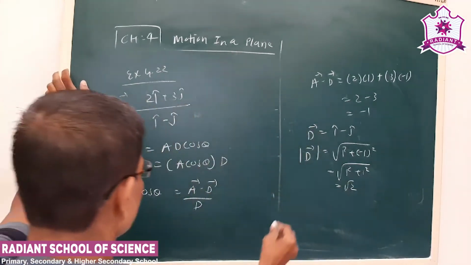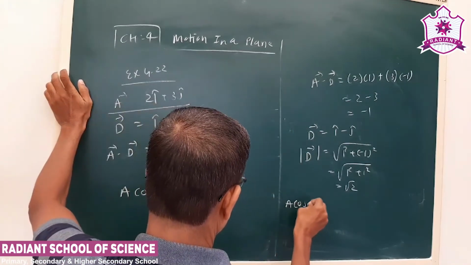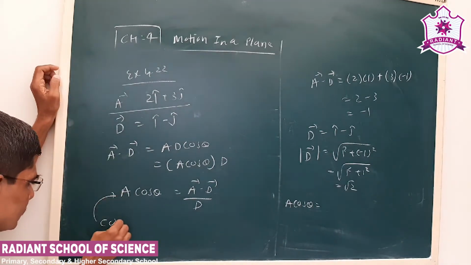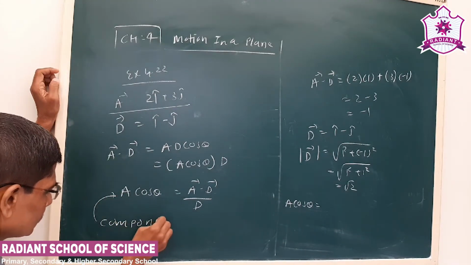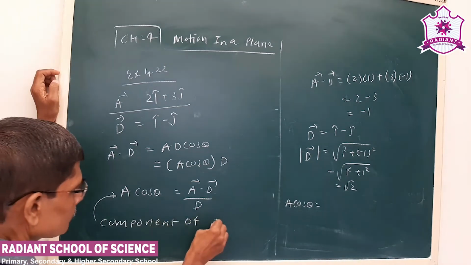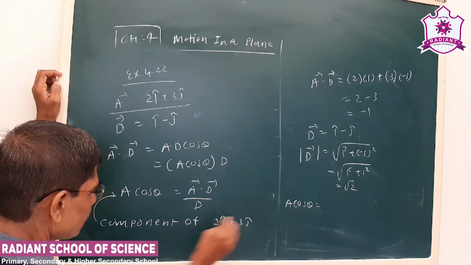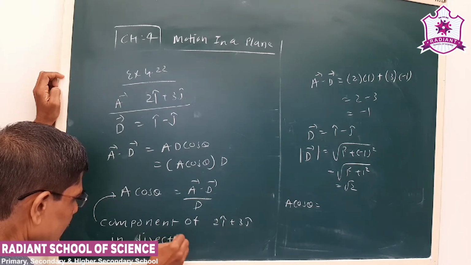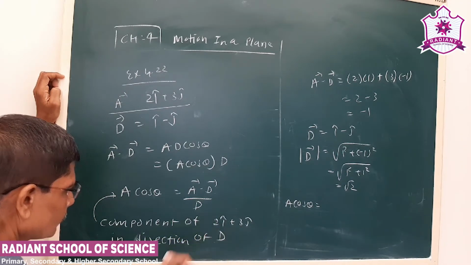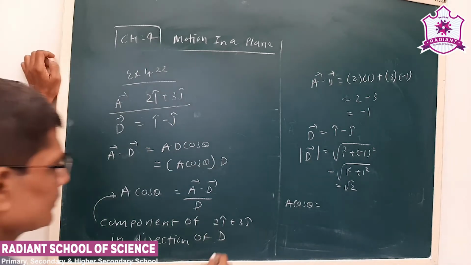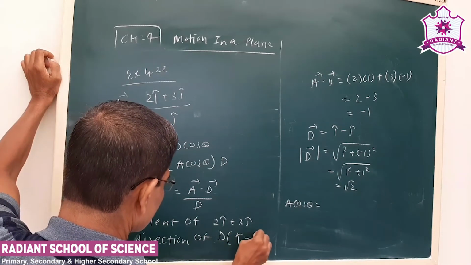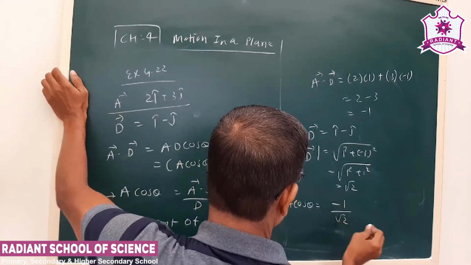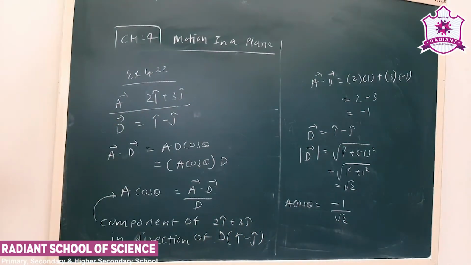So A cos theta we can find: this is the component in the direction of D, that is i minus j. So it will be minus 1 upon root 2.